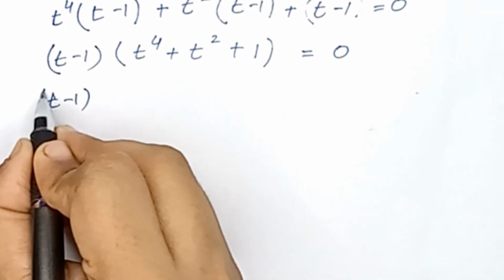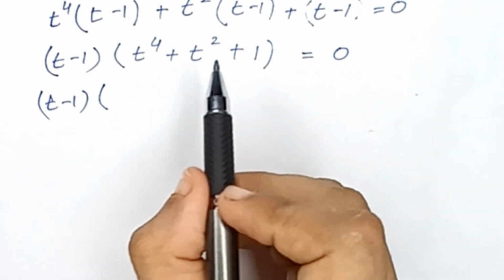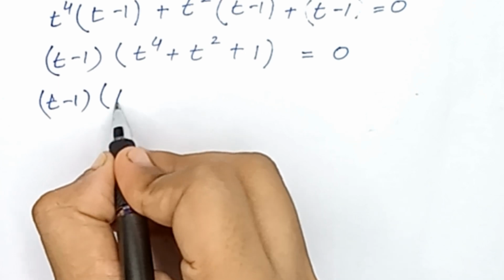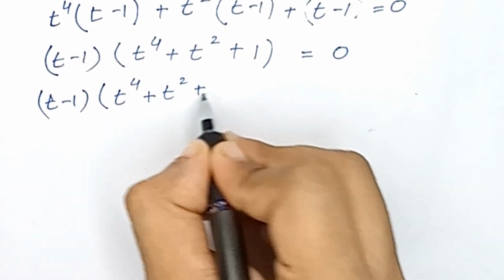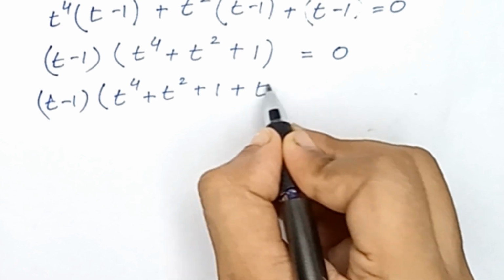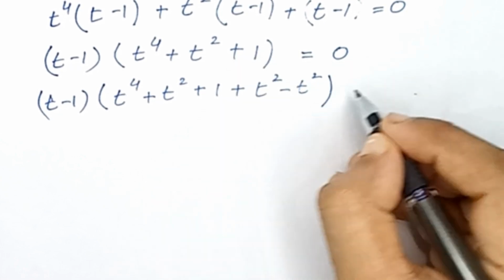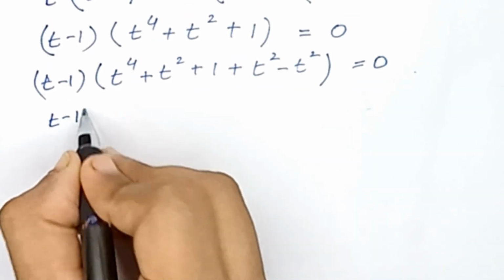Now t minus 1 will remain the same. We will add t square and also subtract t square in this term. So it will become t raised to the power 4 plus t square plus 1 plus t square minus t square, and it is equal to 0. Now t minus 1 is a common factor.